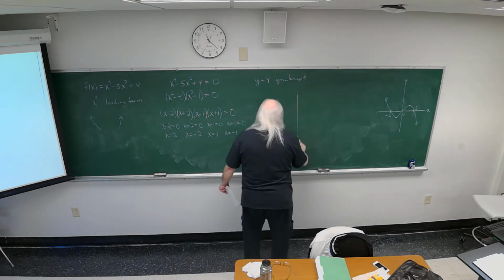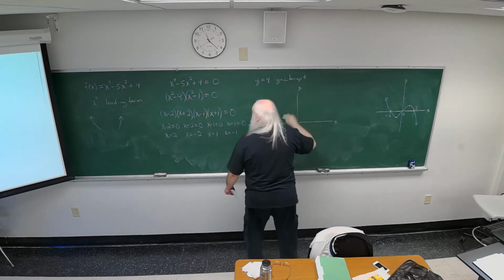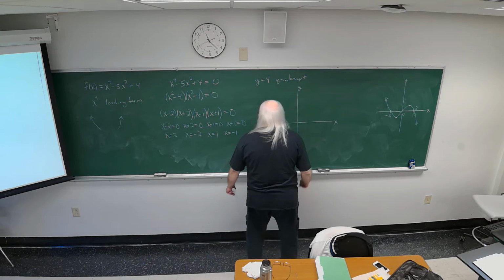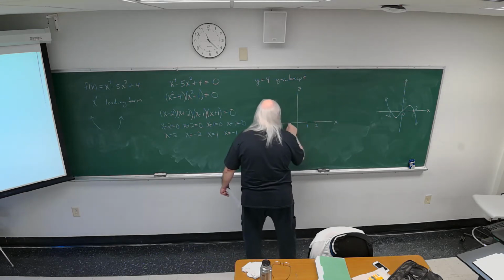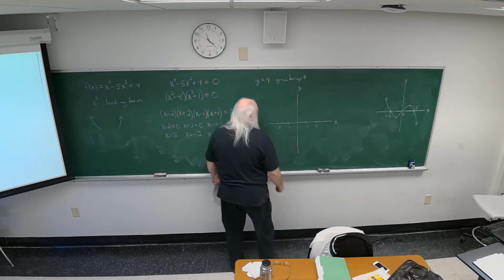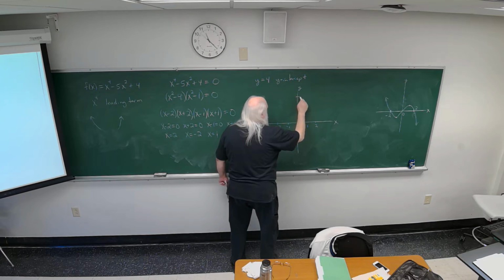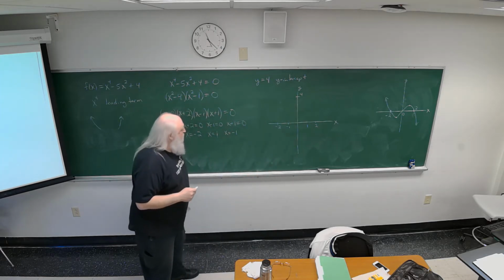So now let's draw a coordinate plane. And so here's x equals 1, here's x equals 2, minus 1, minus 2. And then here's like y equals 4 up here. That's where the y-intercept is.